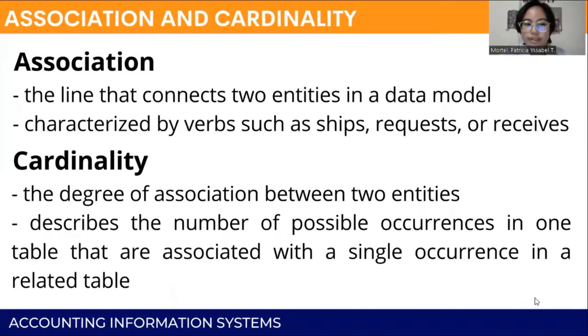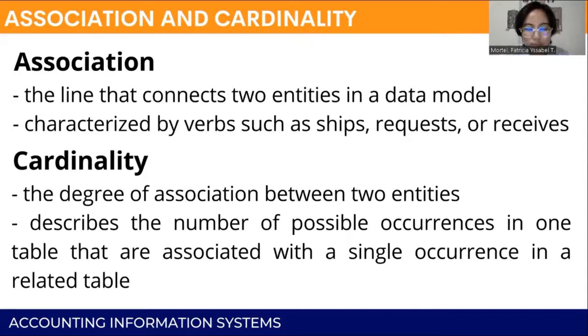Association and cardinality. Association. The labeled line that connects two entities in a data model represents the nature of association between them. It is characterized by verbs such as ships, requests, or receives. Subsequently, cardinality is the degree of association between two entities.